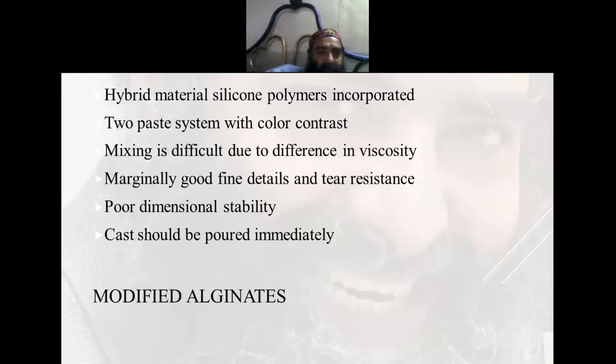Two-phase systems with color contrast are available. Mixing is difficult due to the difference in viscosity. Marginally good fine details and tear resistance are there, but poor dimensional stability cannot be eliminated. The cast should be poured immediately.